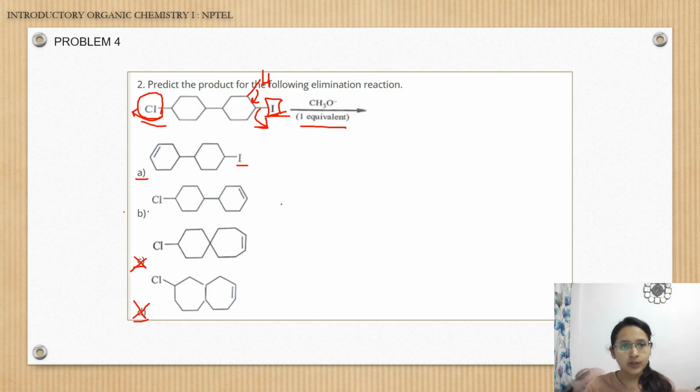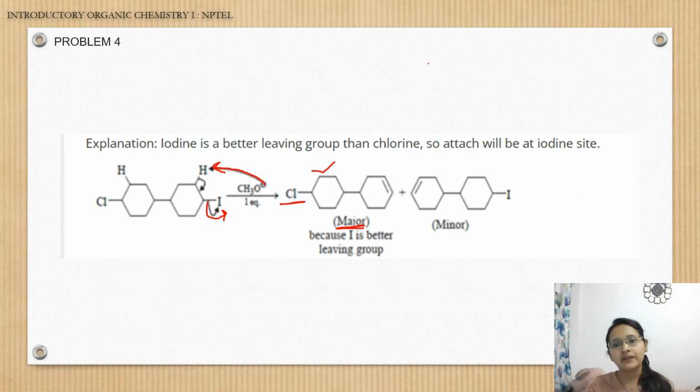So the correct option is option B. But if you have this base in excess, then you will end up having both eliminations. You will get this product as the major product if the base is present in excess. Both halides will knock out and you will get this as the major product. Is it understood? Any problem, any query in this question?